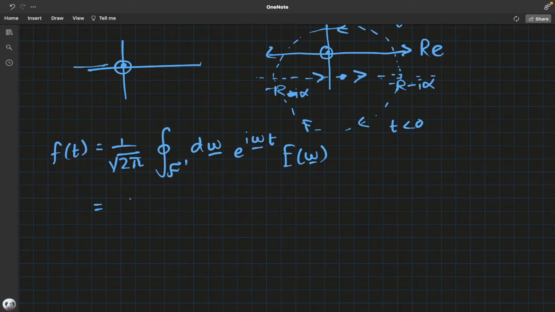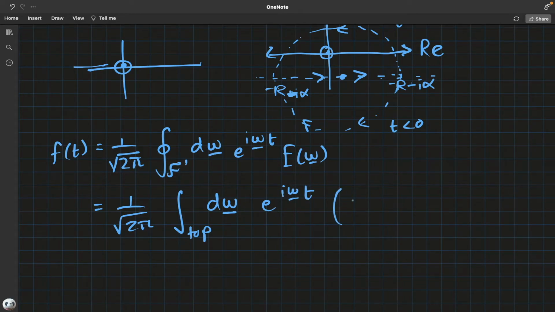So we have 1 over square root 2 pi on the top bar. This is say top, when the entire contour is the top. So we're just doing it for positive t. And we have minus i over square root 2 pi omega complex.